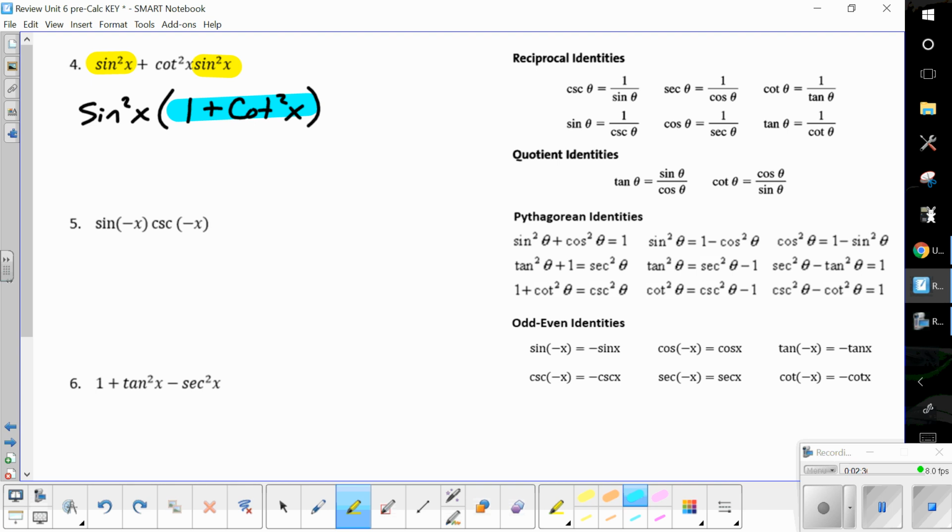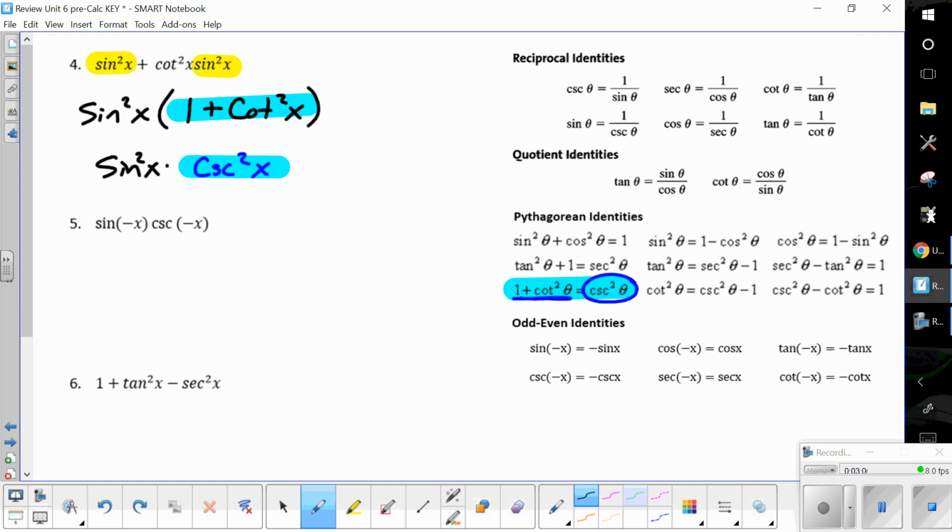And I notice this very first one here, 1 plus cotangent, excuse me, 1 plus cotangent squared is equal to cosecant squared. So all of this here is going to turn into cosecant squared of x. So it was 1 plus cotangent, now it's cosecant, times sine squared of x.